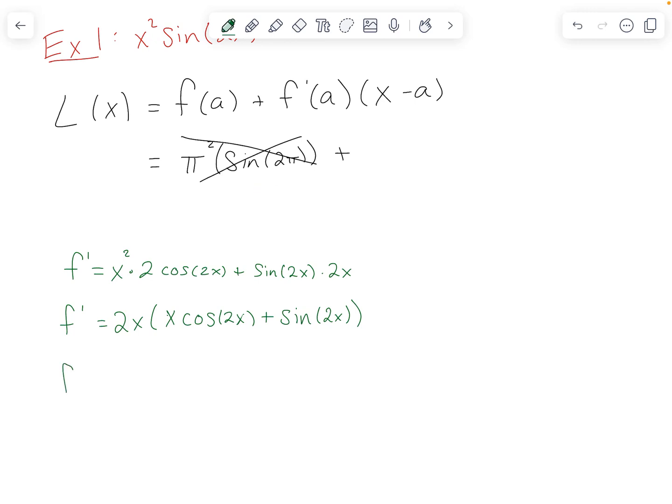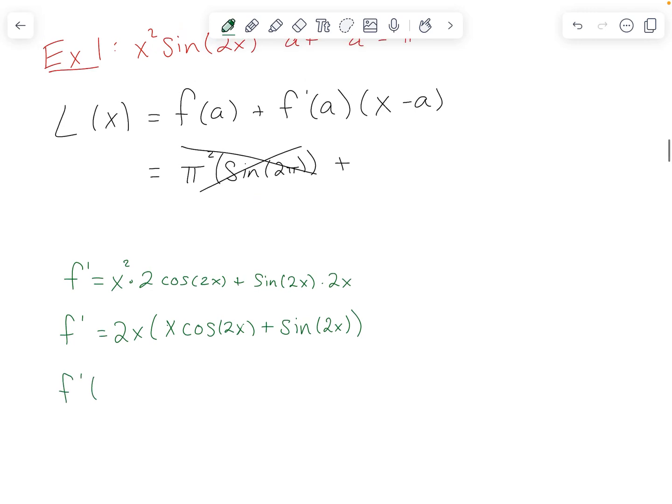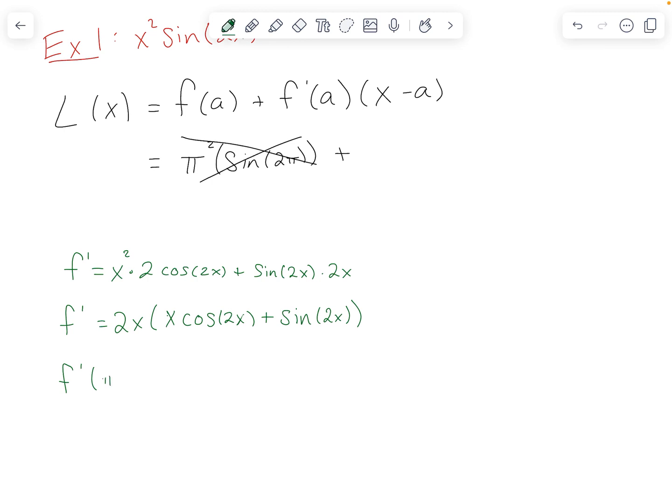My f prime of, let's say, what was it, pi? My f prime of a is going to be 2 pi times pi times cosine of 2 pi plus sine of 2 pi.